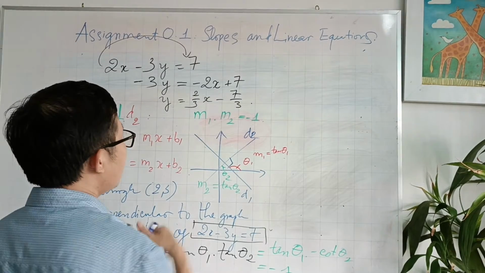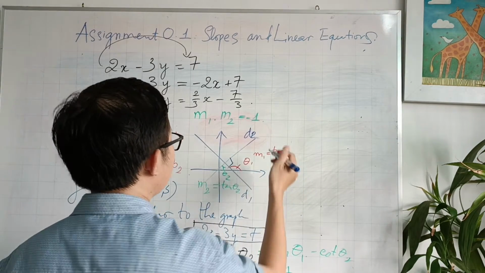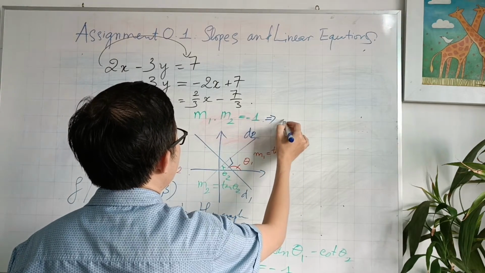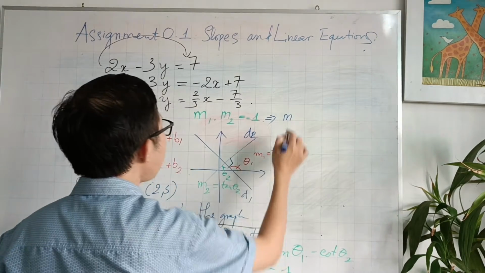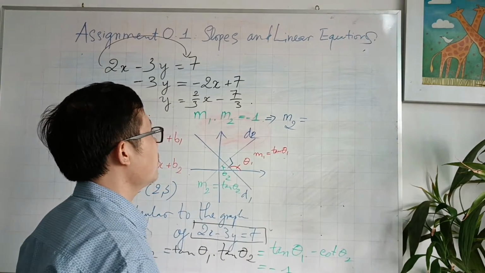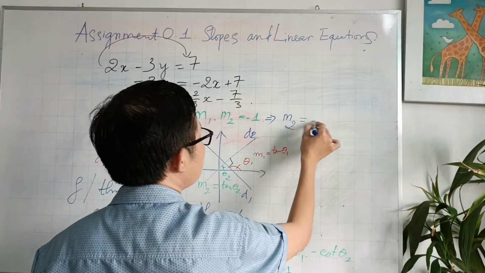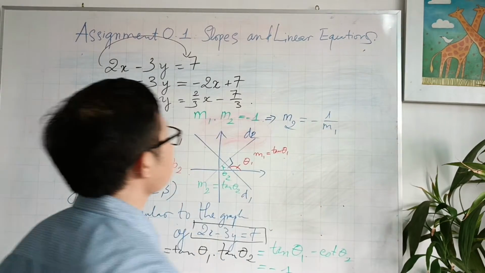So m1 times m2 equals negative 1. This also means m2 is the negative reciprocal of m1. So m2 equals negative 1 over m1.